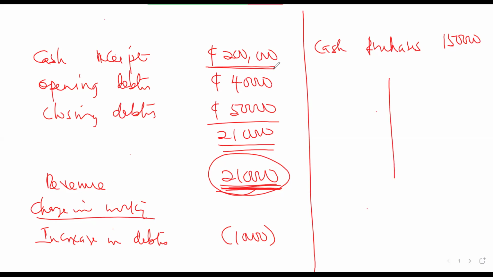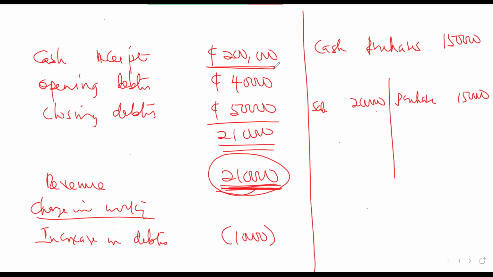Okay. In the cash book, this is how we are going to record this now. We are going to be having cash receipt from the debtors. So in the cash book, we are going to be having cash purchases of 150,000, and we have the cash receipt of 200,000.